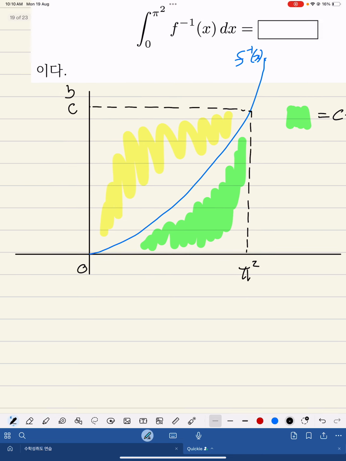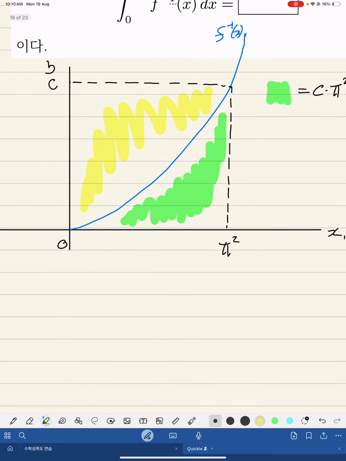Well, the area of the yellow is just the integral from 0 to c of f of x dx, right? Because if we flip the y and x as an axis, then that is the sole definition of what an inverse function is, changing the input and output of a system, right?